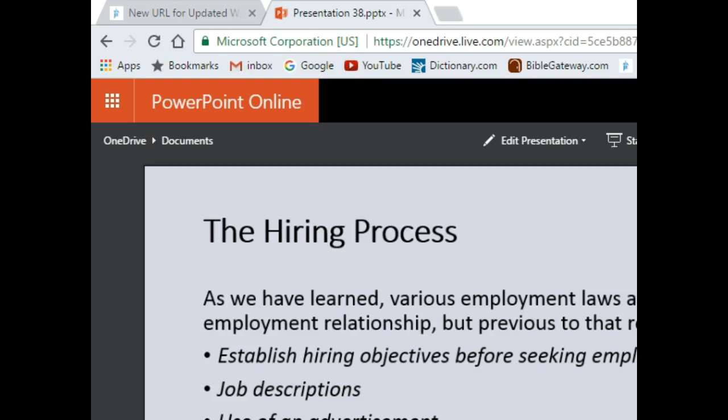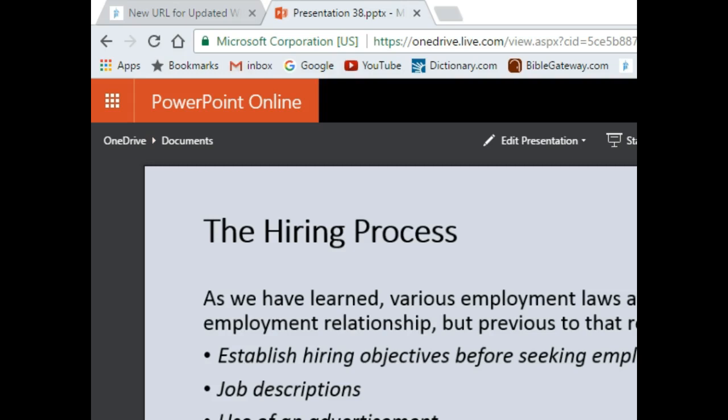In your handout material, there are some considerations that I've outlined, such as establishing hiring objectives before seeking employees. Along with those hiring objectives, there might be good reason to have a detailed or perhaps a general job description.